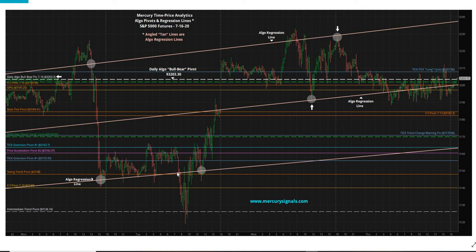One of the most devious things that the institutional algorithms will do is they'll set these traps, and these traps are defined by these same regression lines that you're looking at right now. So you take this right here, and this level was, call it 32.12, 32.13.